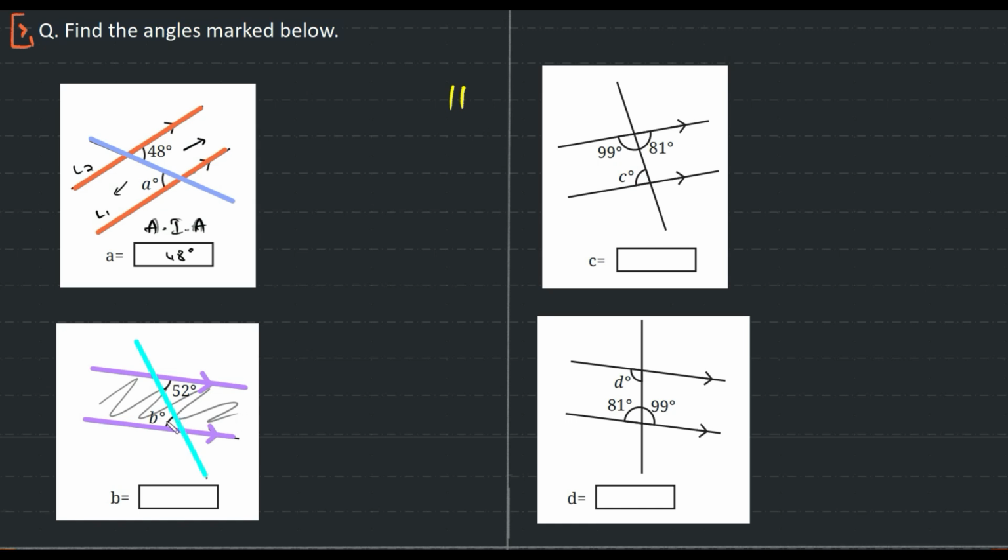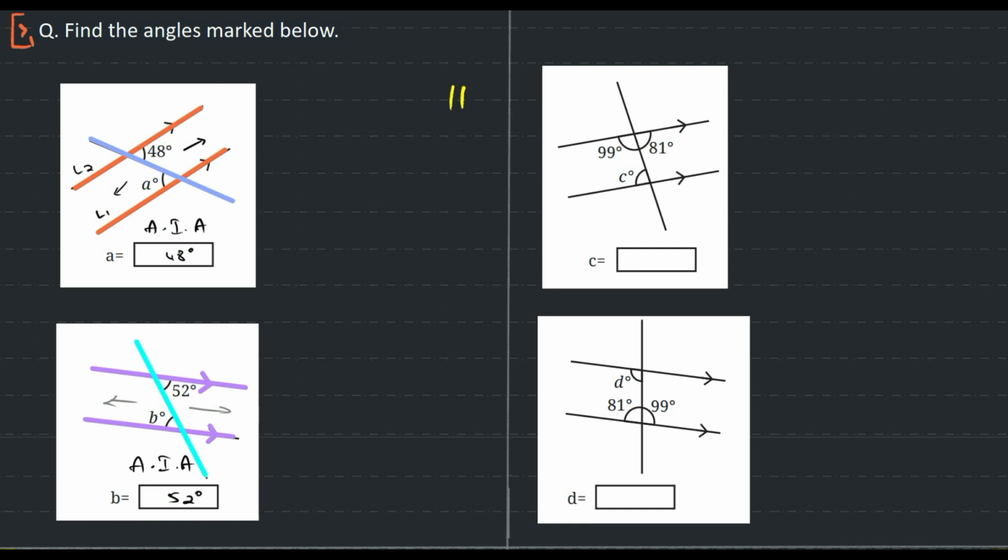Then we have one angle adjacent to, part of the first parallel line, the other angle related to the second parallel line. So they are not neighbors, they are not adjacent, but they are in two different spaces, left and right. So they make up a pair of alternate interior angles, and so this is 52 degrees.